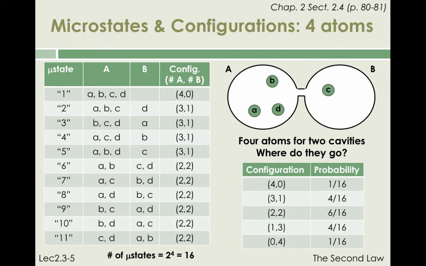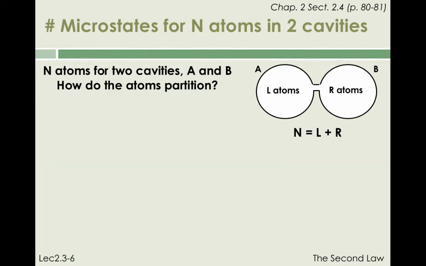As the number of particles increases, the probability of the most probable configuration increases and that of the least probable decreases. We now consider the case of a very large number, n, of particles to partition in the two containers.